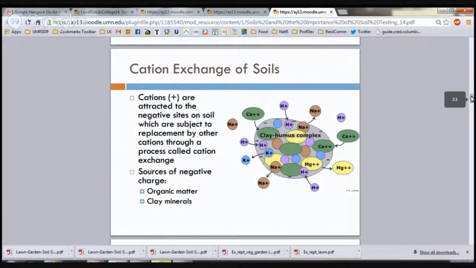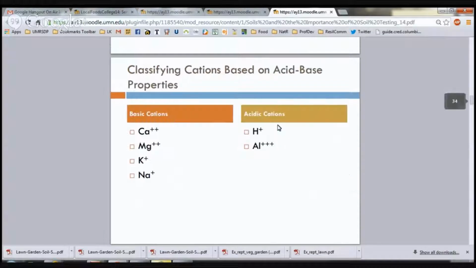So I like to show on this little picture here, basically this is a soil particle. These little negative signs are the cation exchange sites, and those are where the basic and acidic cations attach, if you will, to the soil particle. And so I mentioned before, we're talking about the basic and acidic cations.